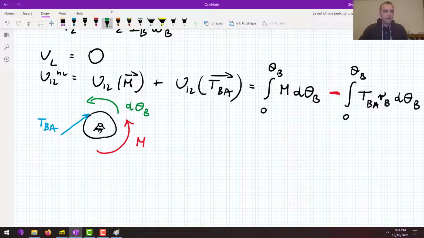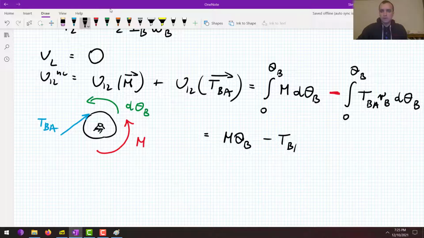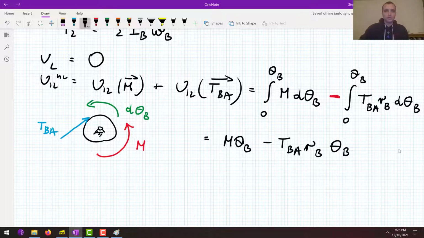So our T_BA rotates in the opposite direction. Okay, so they are both constant. So let's say that this will be equal to M theta_B minus T_BA R_B theta_B. Okay, so we found our 5 guys.